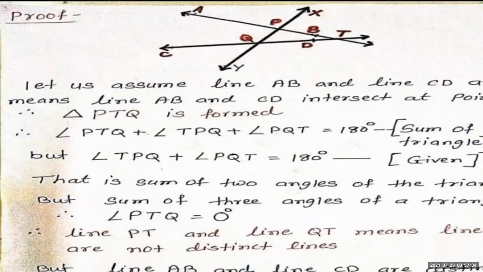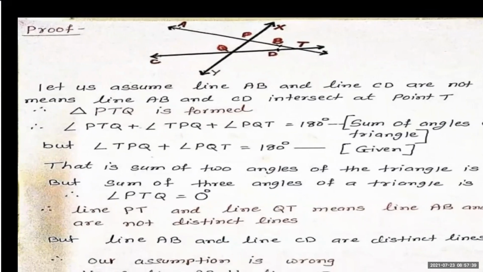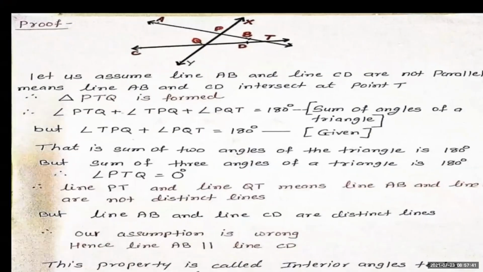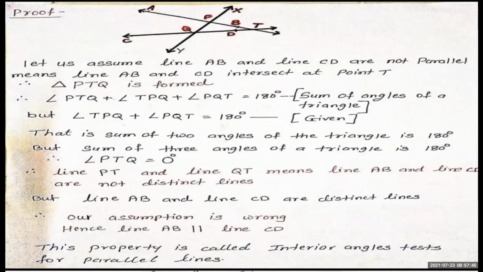Let us assume line AB and line CD are not parallel. Okay, so you can see in the diagram, those lines AB and CD intersect each other. That means those are not parallel, and the intersecting point is point T.